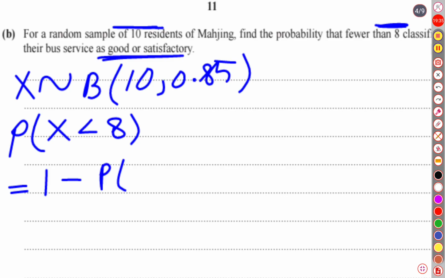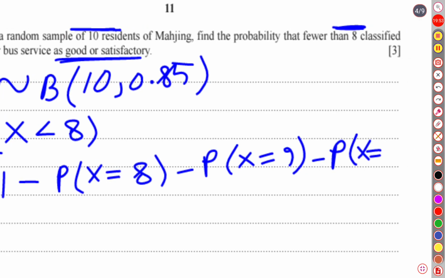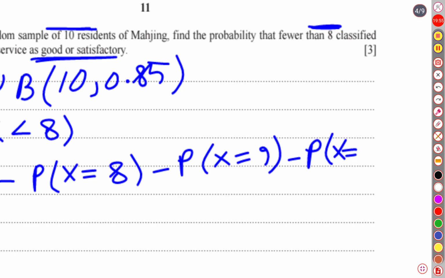So we can write 1 minus probability of X equal to 8, minus probability of X equal to 9, minus probability of X equal to 10.